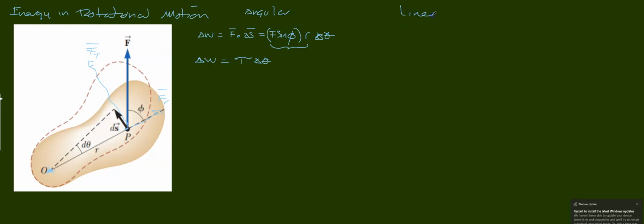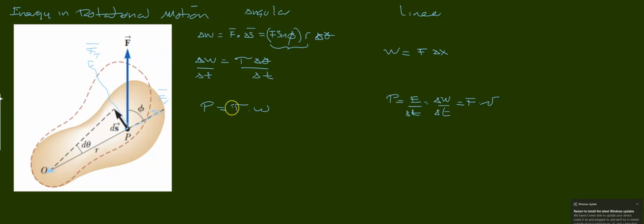For linear, remember that the work was force and displacement. Well, now it's torque and angular displacement. If I divide this over time, what I get is power is torque times angular velocity. Remember that power was not only energy over time or work over time in linear terms, but it was also force and velocity.